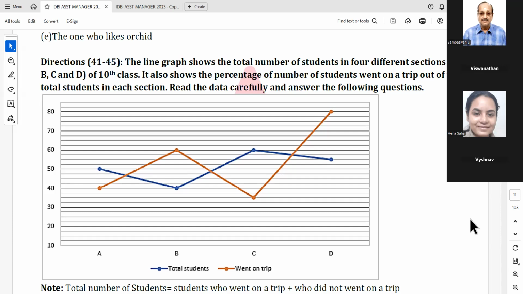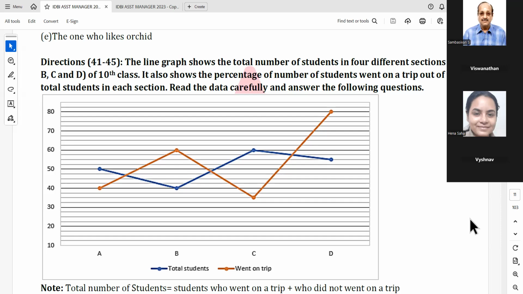Directions 41 to 45. The line graph shows the total number of students in four different sections A, B, C, and D of 10th class.